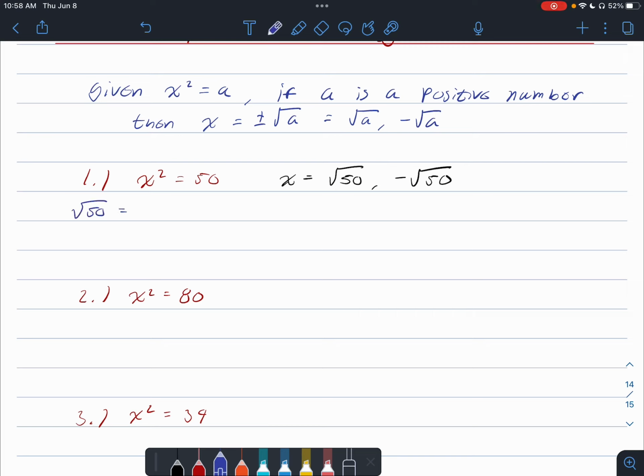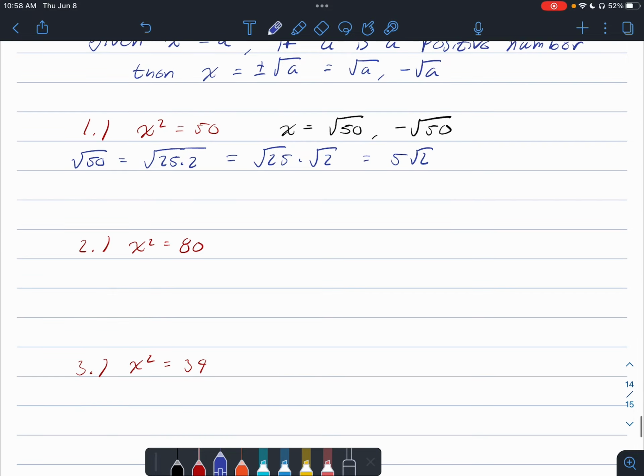We could think of this as the square root of 25 times 2, or the square root of 25 times the square root of 2, or just 5 times the square root of 2, because the square root of 25 is just 5.